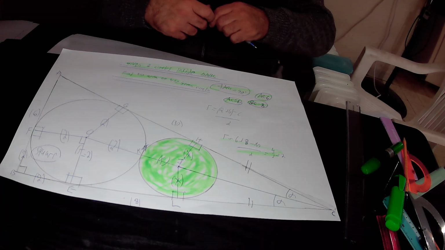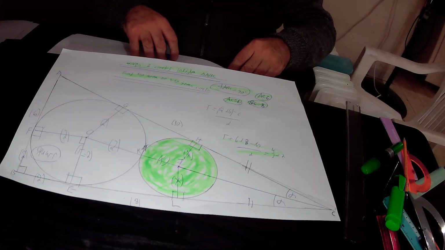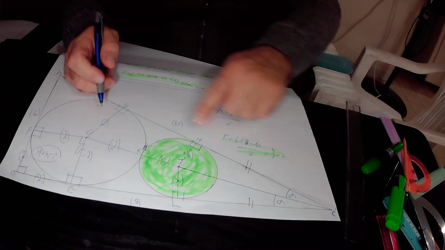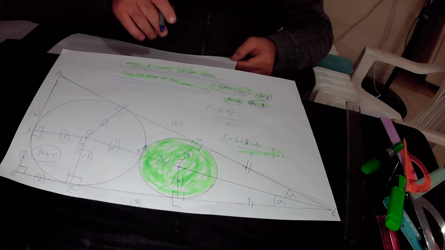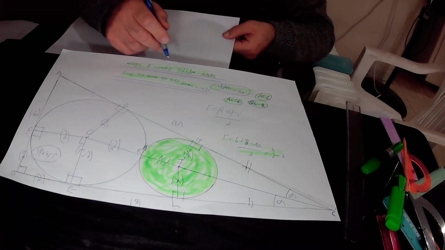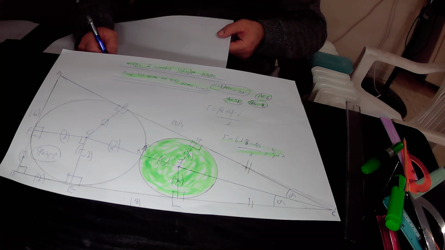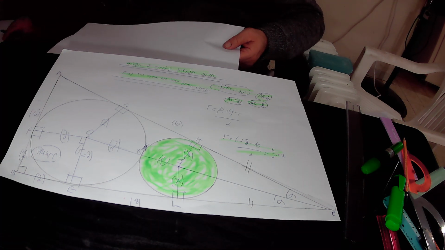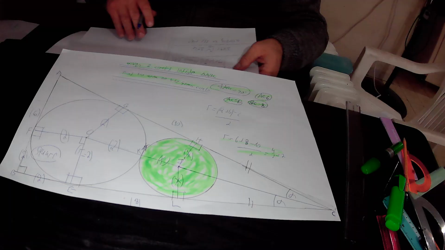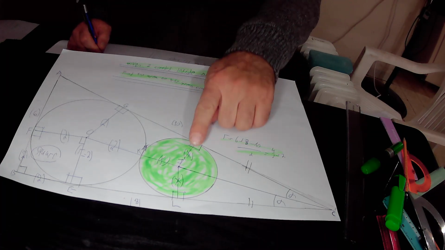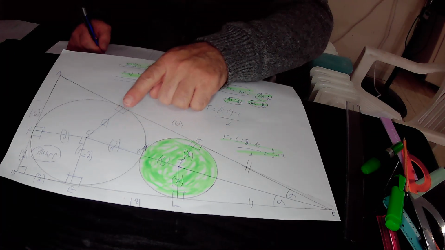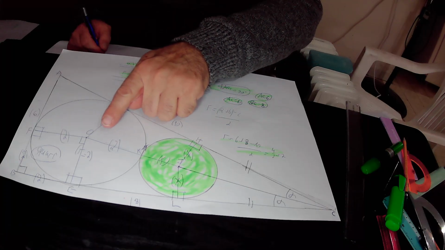So, as I mentioned before, OC is a straight line because we joined points O and C together with a straight line.